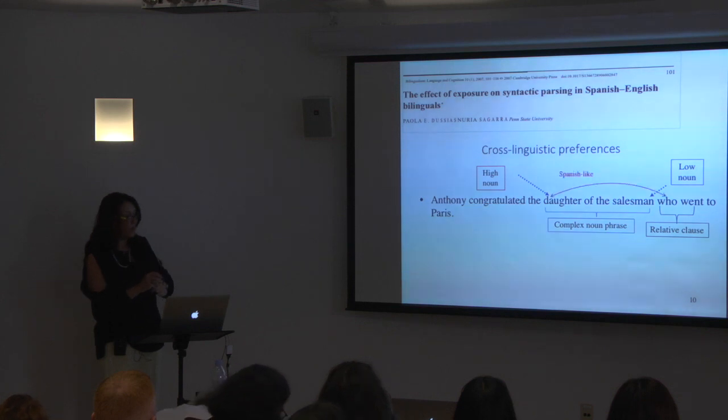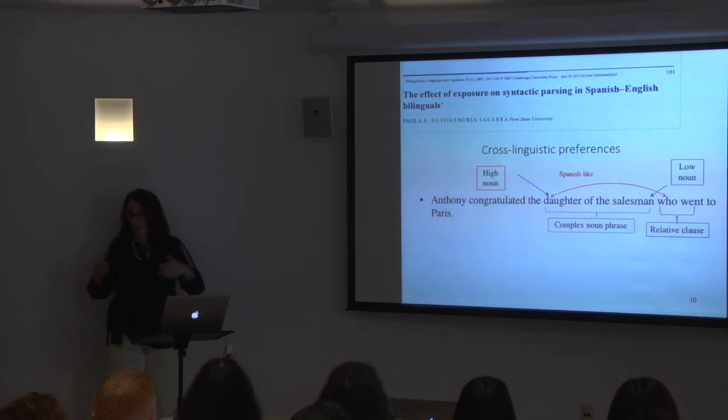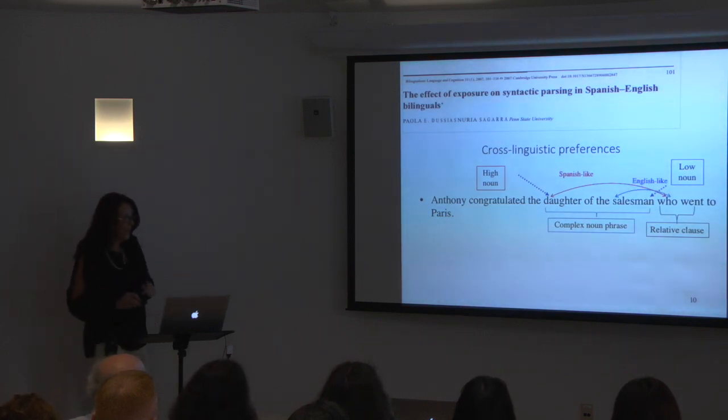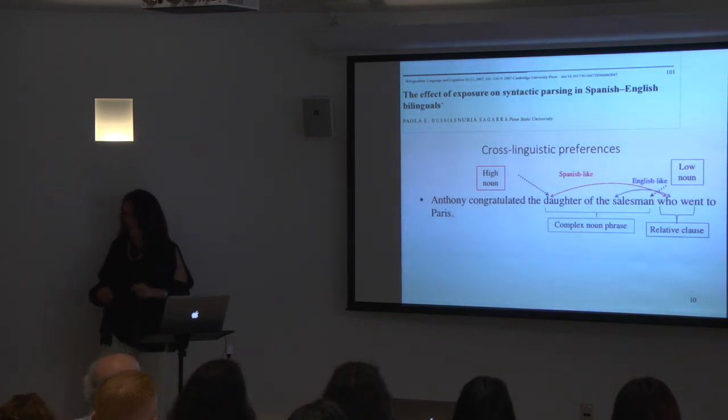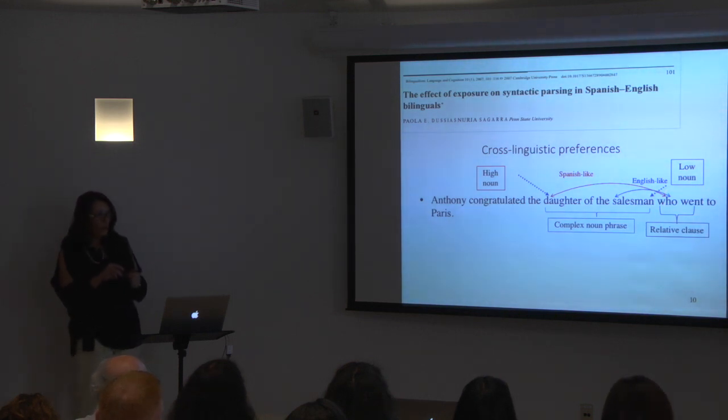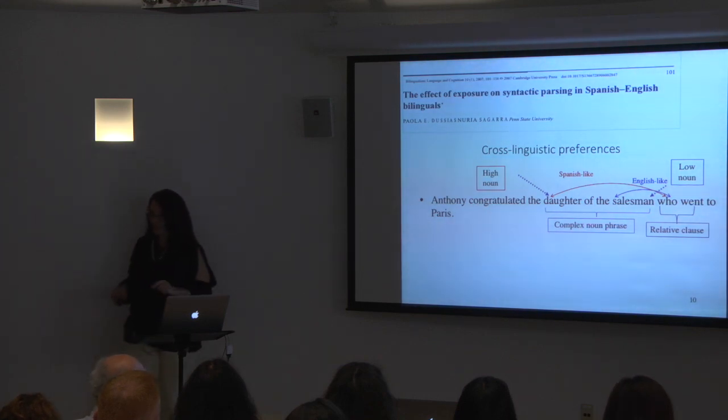So native Spanish speakers, when asked who went to Paris, most of the time will say the daughter. Native English speakers will say the salesman. So although the sentence is identical in word order in the two languages, the interpretation of who went to Paris, which is what we call the ambiguous relative clause, varies cross-linguistically.